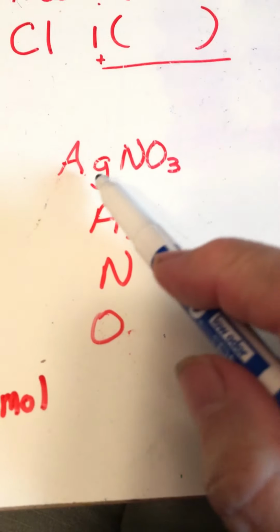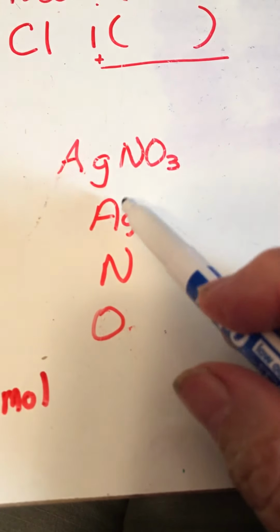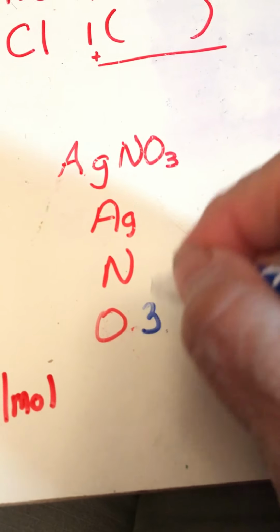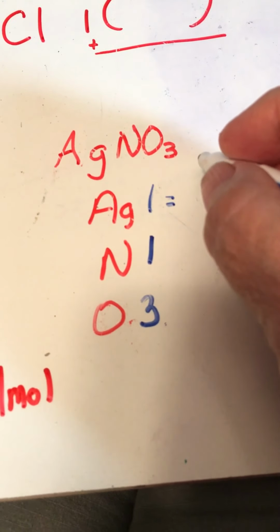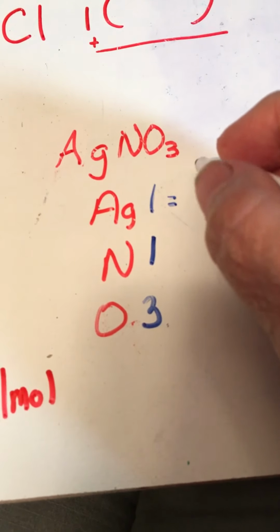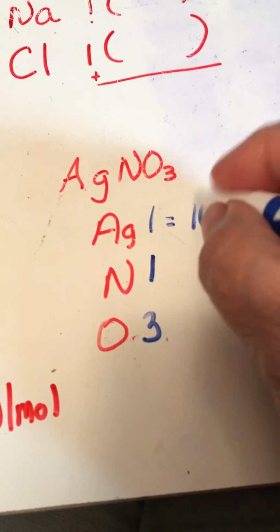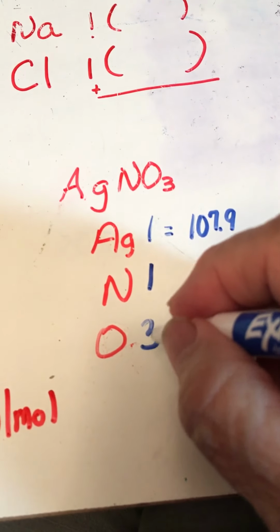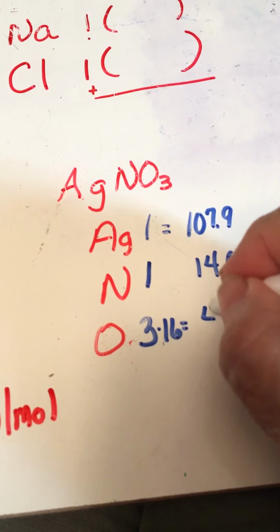Let's try one of the formulas from our equation. Silver nitrate. We have 1 silver, 1 nitrogen, and we have 3 oxygen. Silver's mass is 107.9. Nitrogen is 14.0. Oxygen is 16. 3 times 16 is 48.